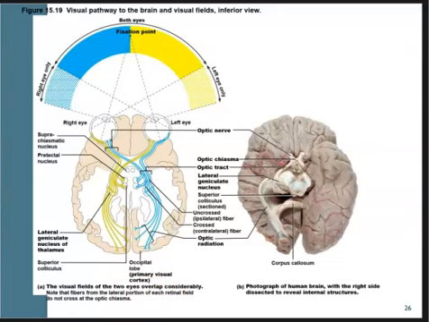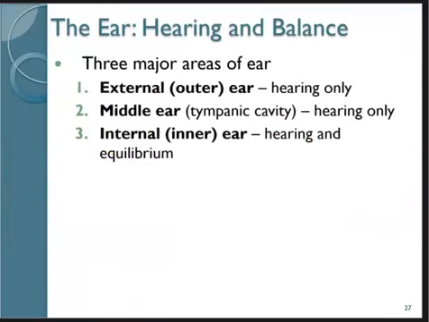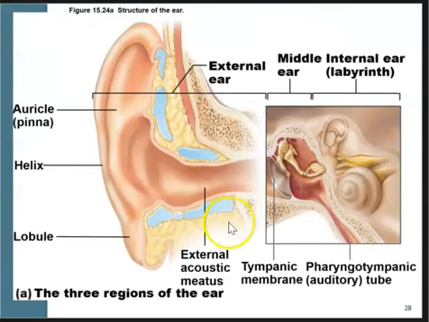Next, we're going to do a little overview of the ear. The ear has three major areas: the outer ear, the middle ear, and the inner ear. So we'll talk a little bit about them. The outer ear is basically the auricle or ear pinna, the external acoustic canal, and then the eardrum, whose scientific name is the tympanic membrane.